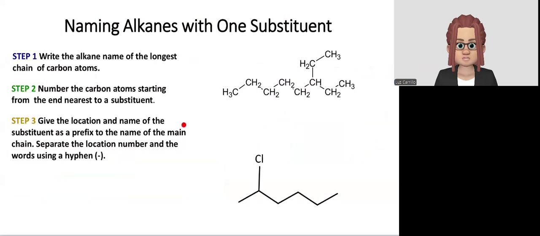To name the molecule, you need to give the location and the name of the substituent as a prefix of the main chain, meaning the longest carbon chain, and the location number and the words need to be separated by a hyphen. Let's actually explore the 2 examples that we have in the following slide.